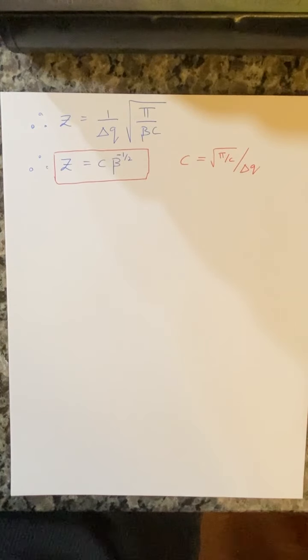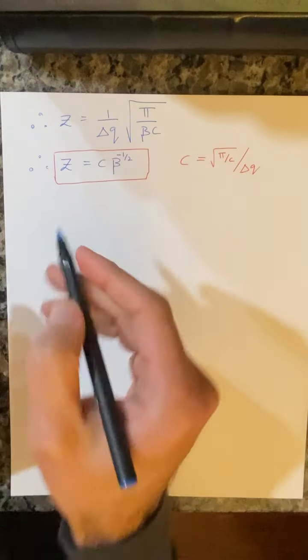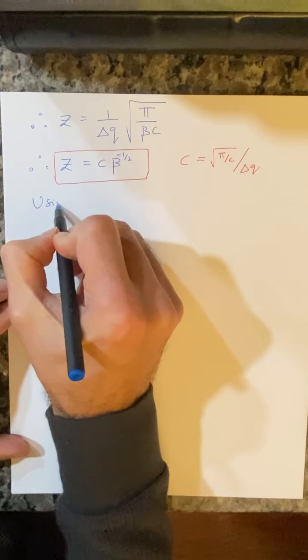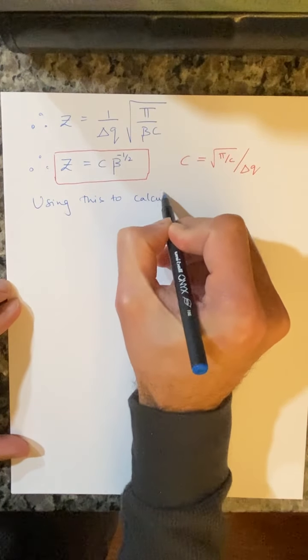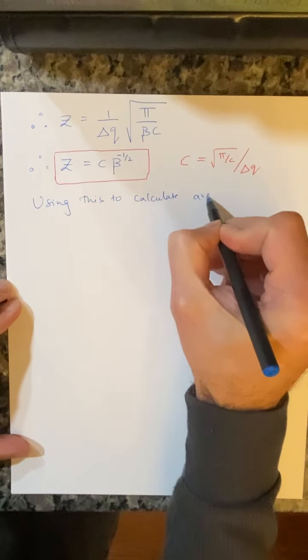I hope you all know where I'm going with that, right? We now want to calculate the average energy. So using this to calculate the average energy of this system.